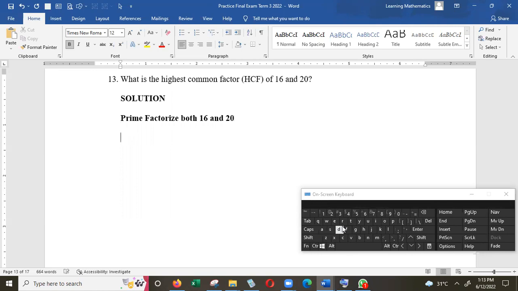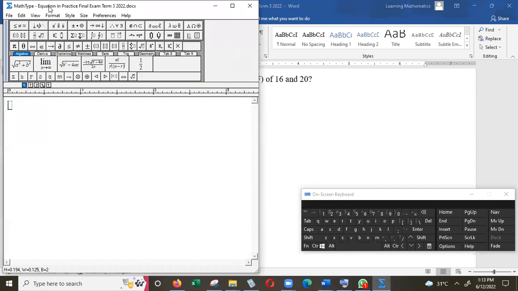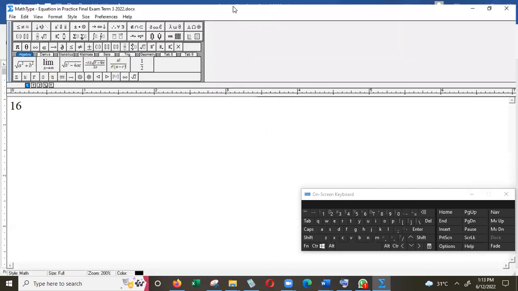So how we're going to do this is by doing what you call a factorization until we get the primes. So we have to do this to 16 and we have to do this to 20. So let's start with 16.